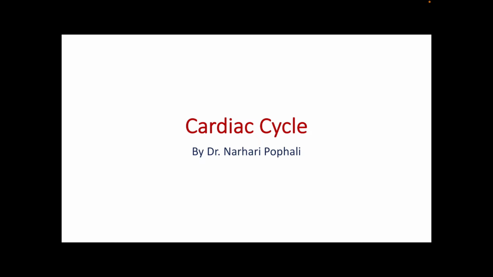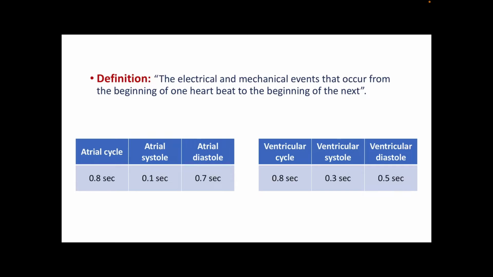I am Dr. Narari Pofri, and in this video we will learn about the definition and various phases in cardiac cycle. First we will see definition of a cardiac cycle. So the electrical and mechanical events that occur from beginning of one heartbeat to the beginning of the next is called as the cardiac cycle.